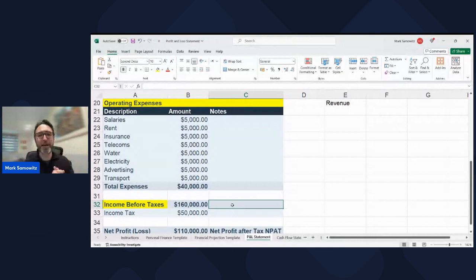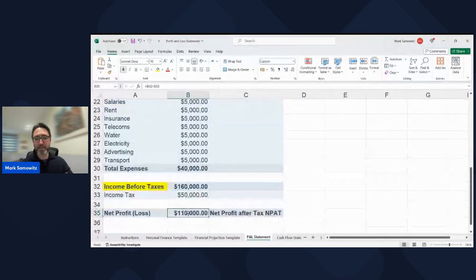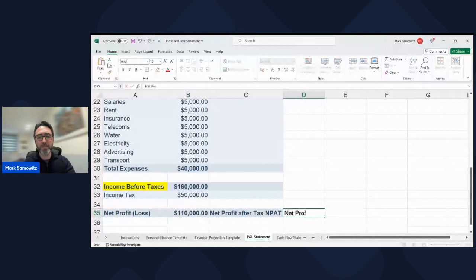It's an amount that is decided by the government. So we take off tax separately and show it as a separate line item to get to a net profit after tax of 110,000. Then we can look at more ratios over here. We can look at our net profit margin, which would again be our net profit divided by our sales.